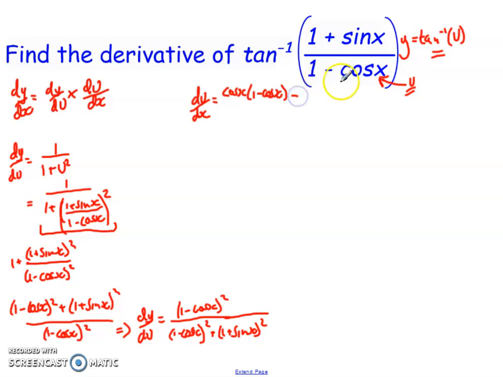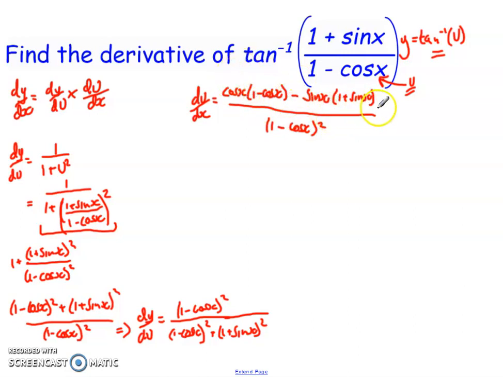Then take away the derivative of the bottom: 1 goes to nothing, cos x goes to minus sin, so that's minus minus sin, which just becomes sin x, times (1 plus sin x). That's all over (1 minus cos x) all squared.